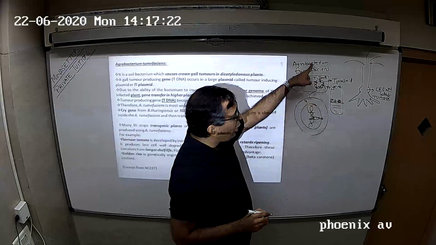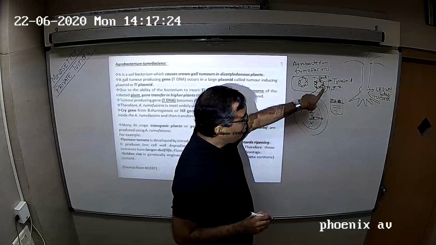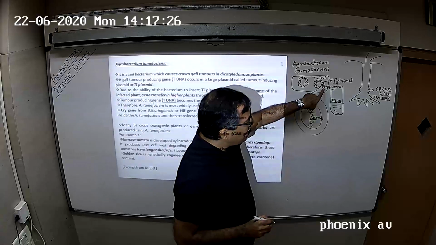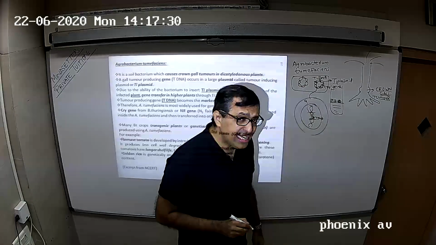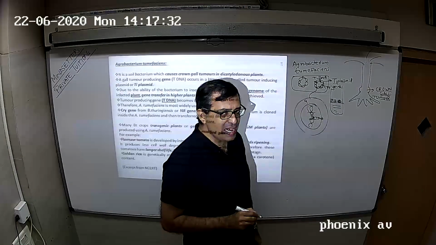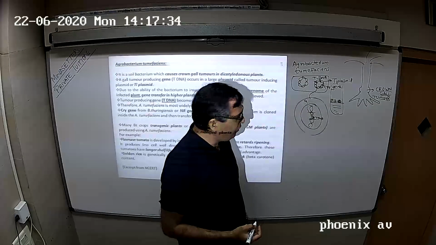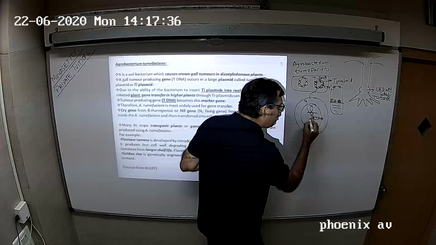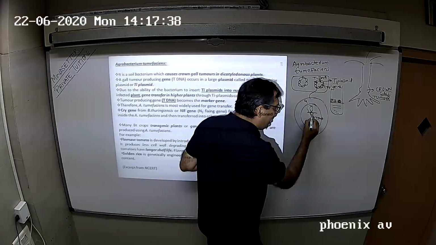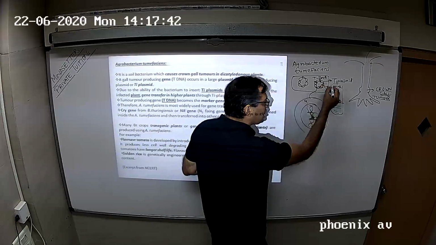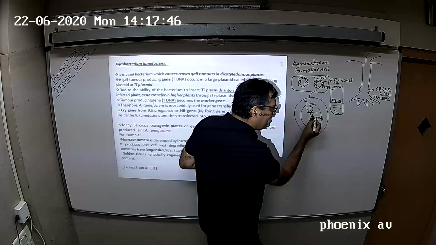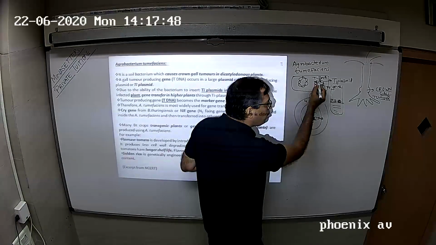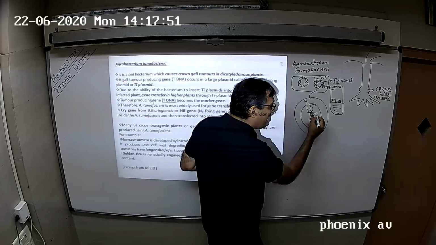And now Agrobacterium tumefaciens, the cry gene in the Ti plasmid is put into a cotton plant. तो कॉटन प्लांट में हमने Agrobacterium tumefaciens डाल दिया. It will introduce Ti plasmid into the cotton plant. तो कॉटन प्लांट में Ti plasmid आ गया, which means उसके अंदर क्या आ गया? tDNA. tDNA और साथ में उसी प्लाज्मिड में क्या डाल दिया था हमने? क्राइजीन.